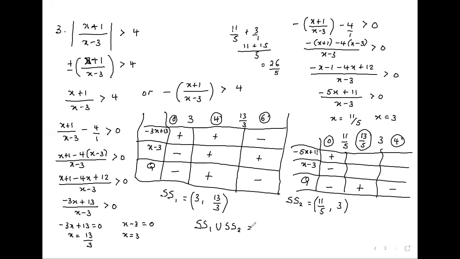So here you get the union: 3, 13 over 3 union 11 over 5, 3.